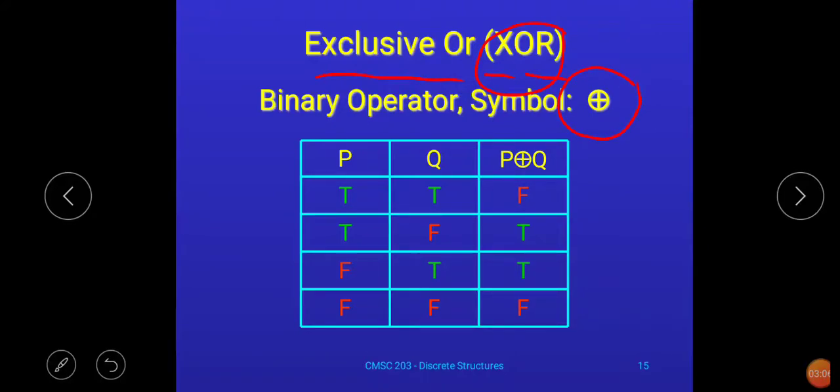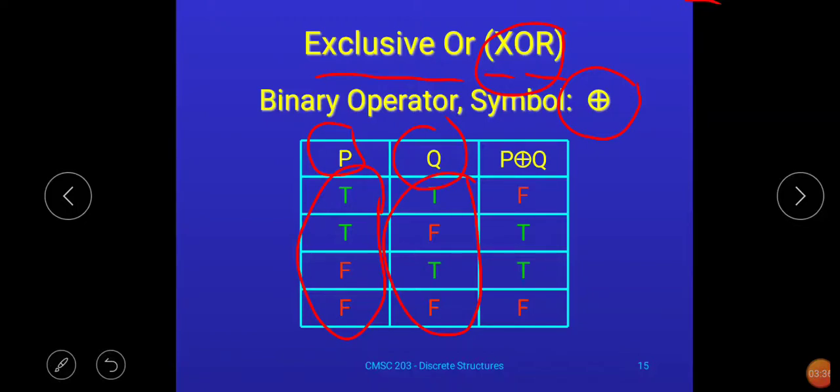Just like AND and OR, XOR is also a binary logical operator, because this will again require minimum two propositions. As we discussed earlier, if you are dealing with two propositions, then we have to follow this structure: for the first proposition TTFF, and for the second proposition TFTF.